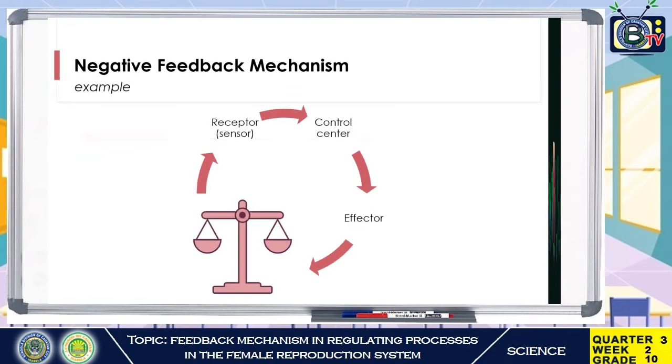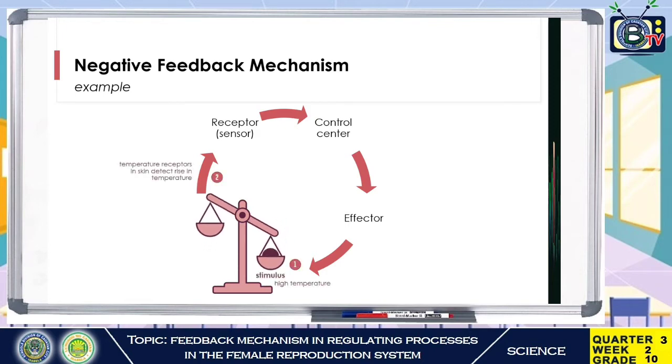A very clear example of negative feedback is thermoregulation. The normal body temperature is 36 degrees Celsius. This represents the set point. Deviation occurs when the body temperature rises. Temperature receptors detect the temperature rise in the skin.